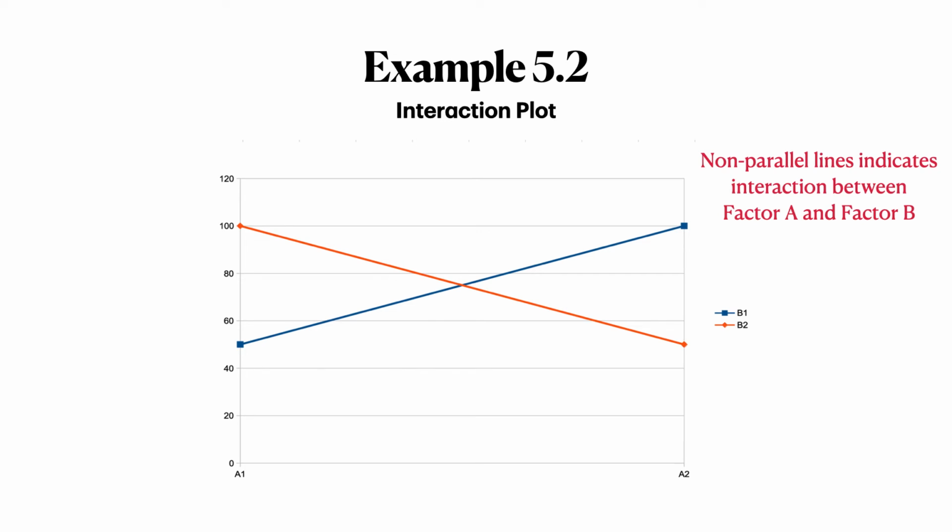And so in order to evaluate whether or not there's interaction, in many cases, we're going to have to rely on something more than just the plot. We're going to have to rely on formal hypothesis tests. In some cases, it will be obvious that there is interaction.